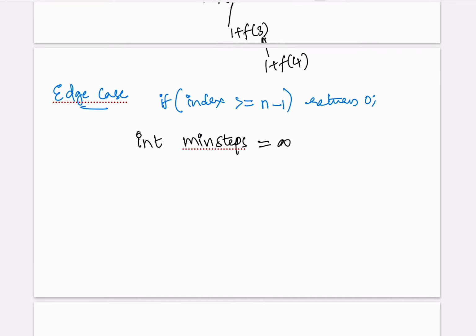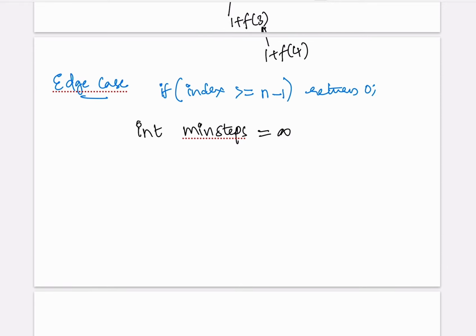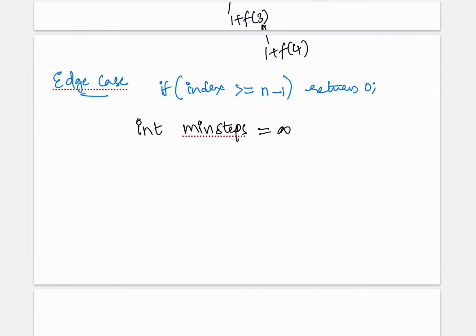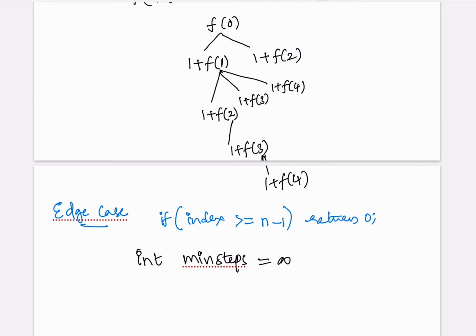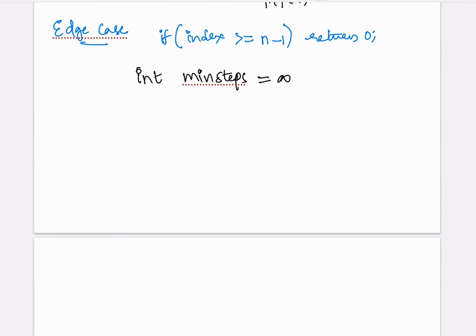How are we going to find the minimum? I say one thing: I generate a for loop, which is the new index.